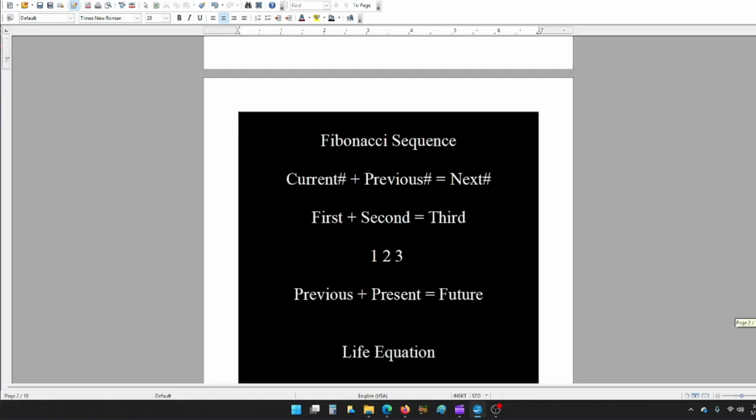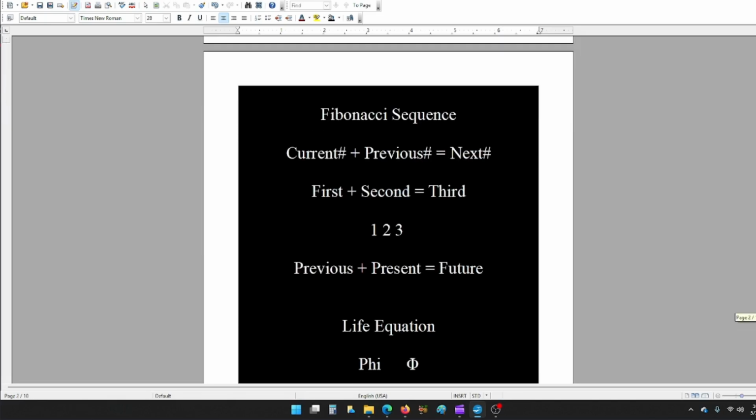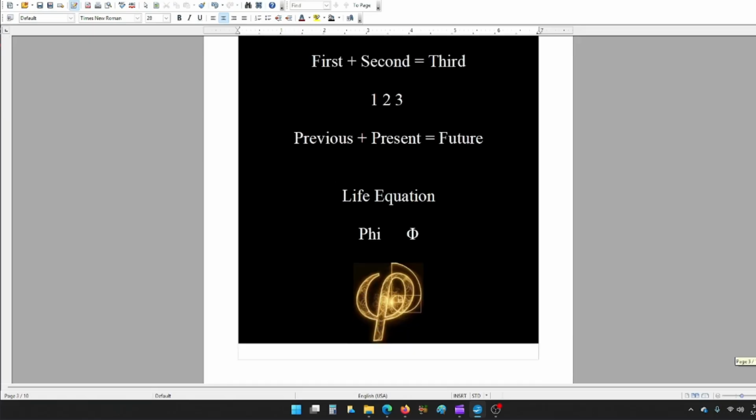The life equation. What's the life equation? Life equation is phi. Not pi. Pi is solid circles, as well as squares. But phi is spiral. Phi is spiral.